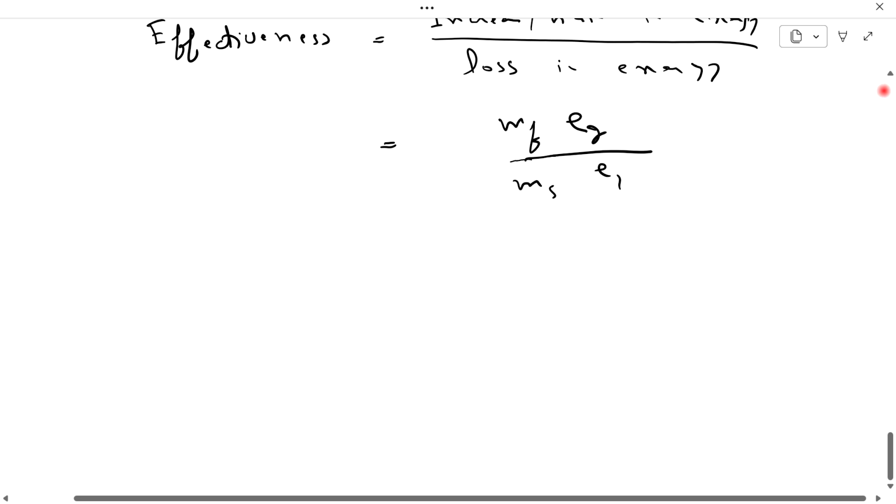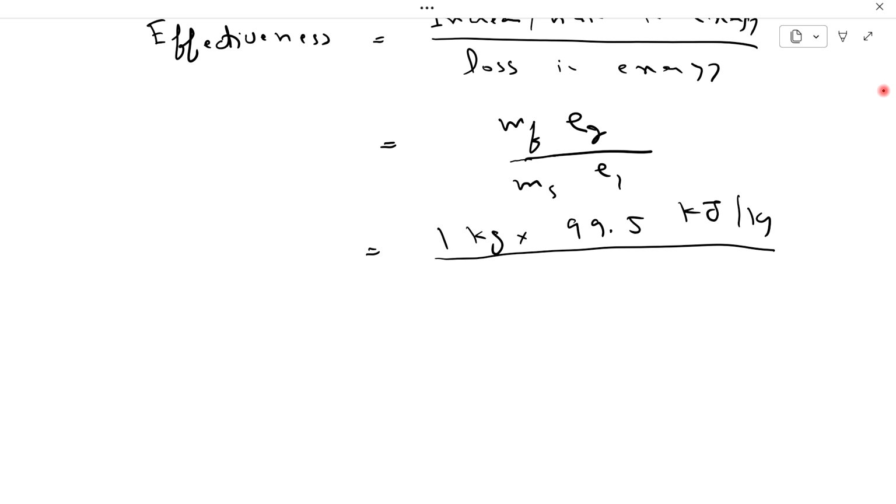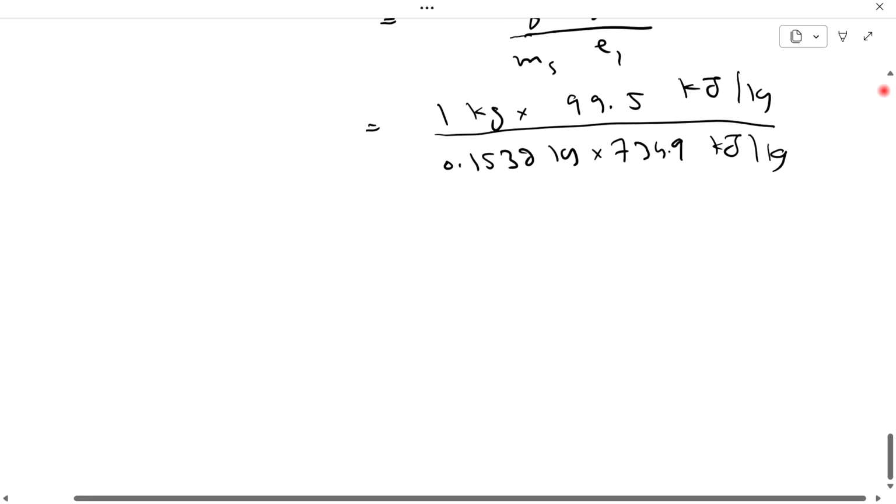So mf is 1 kilogram multiplied by the gain in exergy, 99.5 kJ/kg, and the mass of steam is 0.1532 kilogram multiplied by the loss in exergy, 734.9 kJ/kg.